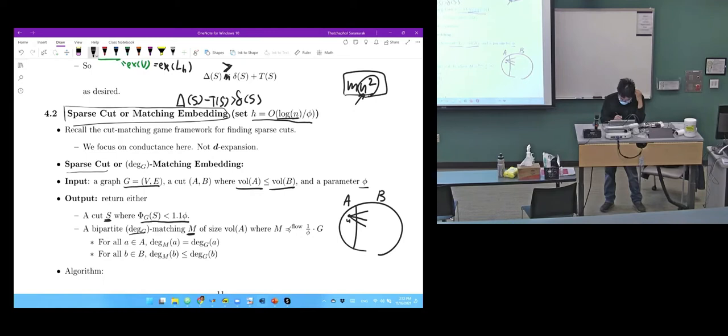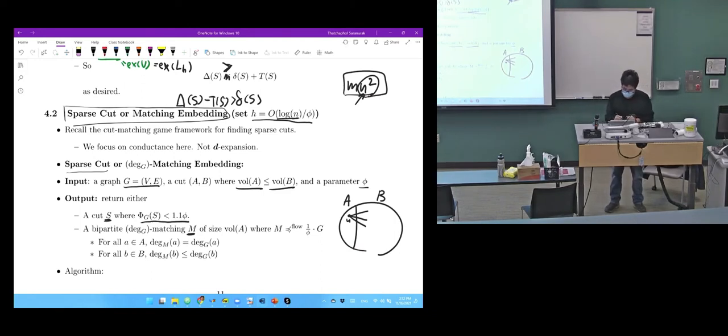So if you recall, when we talk about expansion, then we will try to embed a matching. But here, instead of working with expansion, we want to work with conductance. So we will need to adjust the subroutine a bit to talk about, instead of matching, a B matching, where B is the degree vector.